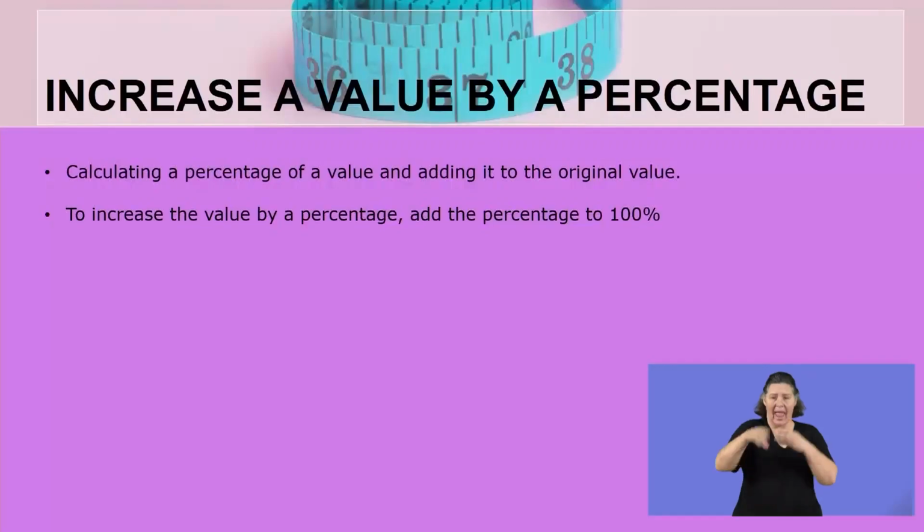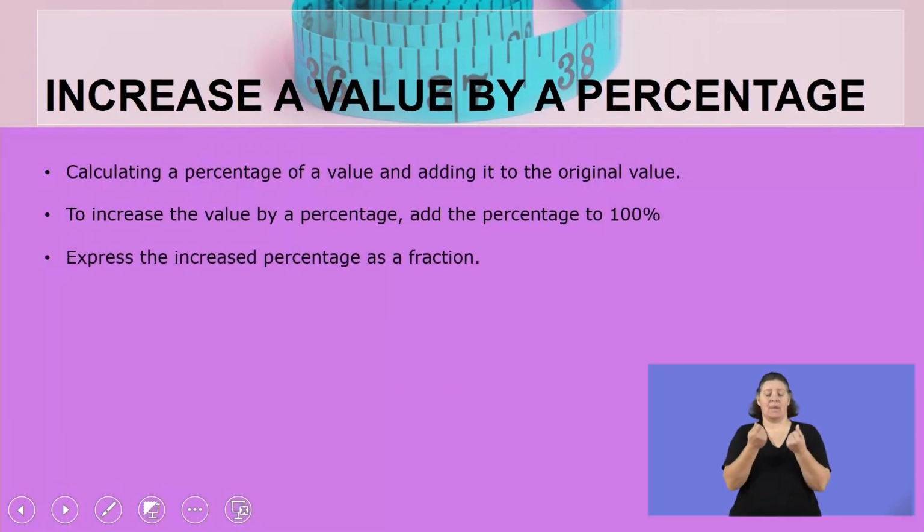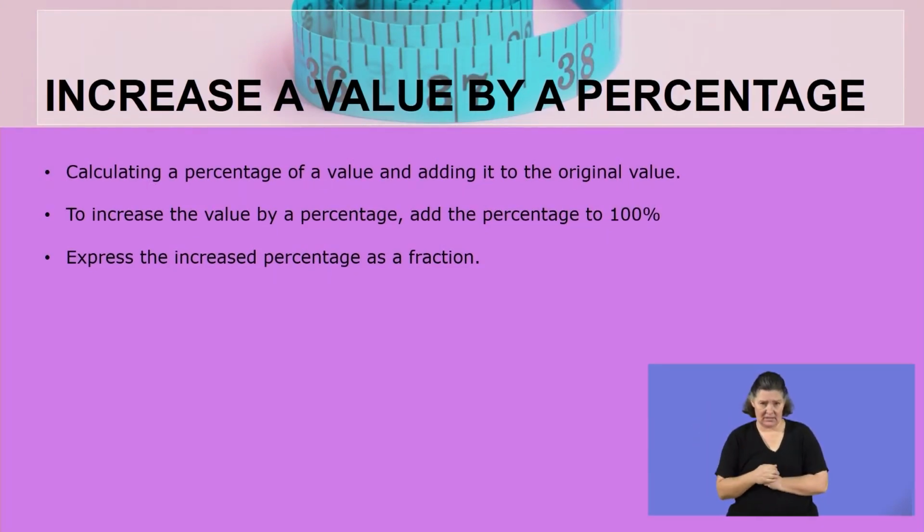To increase the value by a percentage, you add the percentage to 100%. And as you add it to 100%, you will now get the new figure, which is more than 100%, because obviously when we say you increase it by a certain percentage, we mean there's more percentage added to 100%.